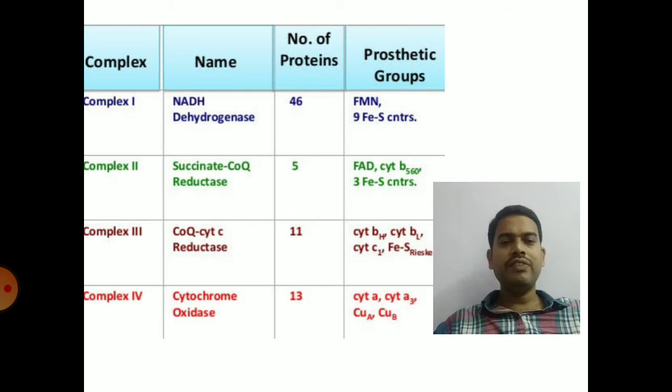The NADH and FADH2 that are formed in glycolysis and Krebs cycle enter the electron transport chain and play an important role in the production of ATP. That process is called oxidative phosphorylation. ATP synthesis during transport of hydrogens or electrons is called oxidative phosphorylation.